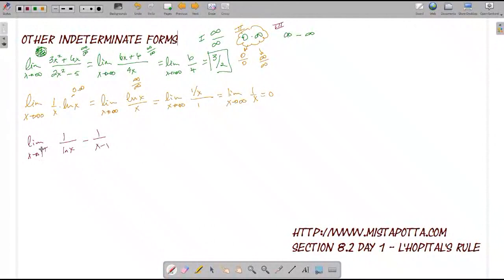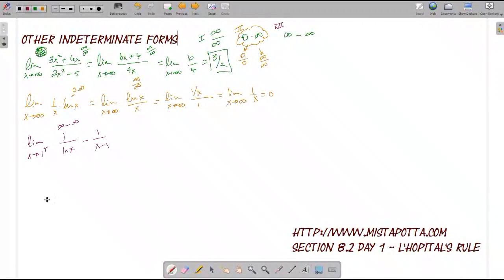Now notice, as x approaches 1, the natural log of x will approach 0. And so that means the reciprocal will increase without bounds, since this is positive. And similarly, here if I substitute x equals 1, I end up with 1 minus 1, which approaches 0. And so the reciprocal would increase without bounds. So this is an infinite minus infinite situation.